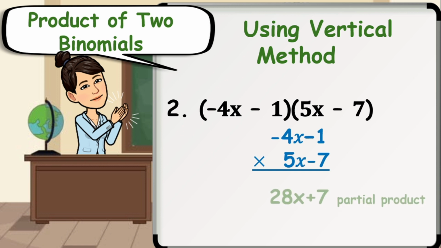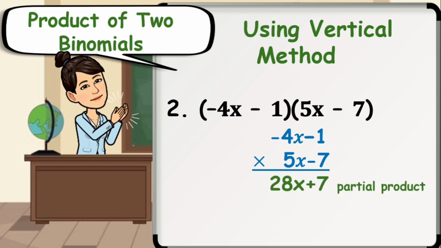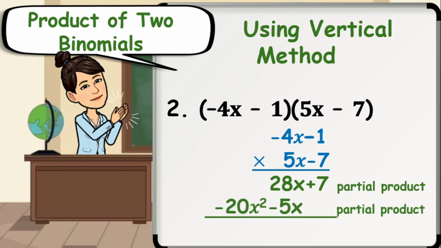That gives us 28x plus 7 as our partial product. Next, we multiply negative 4x minus 1 by positive 5x, and that gives us negative 20x squared minus 5x. Combining like terms, we have negative 20x squared minus 23x plus 7 as our product.